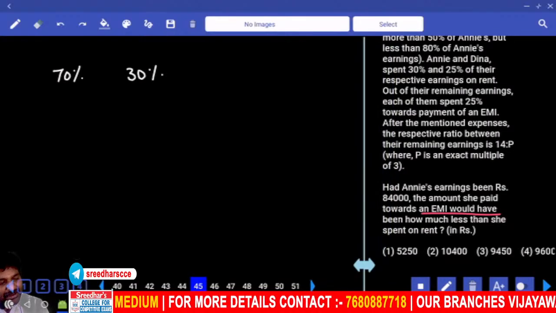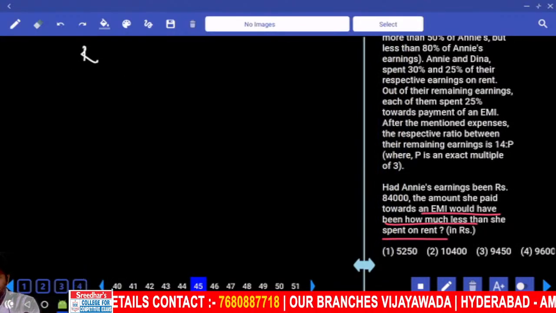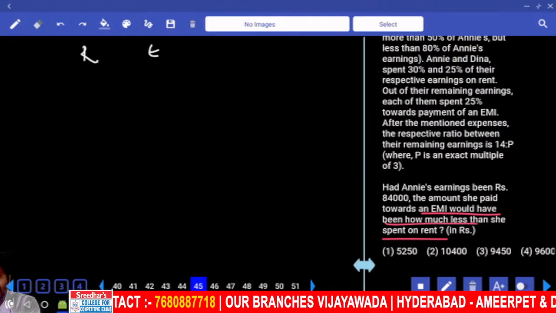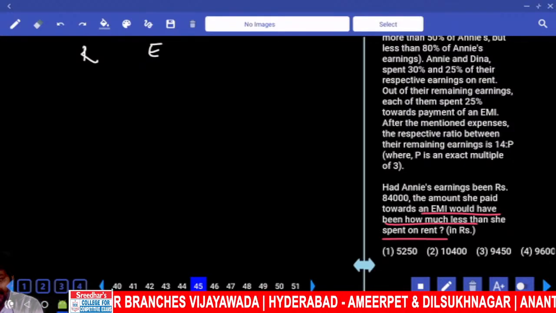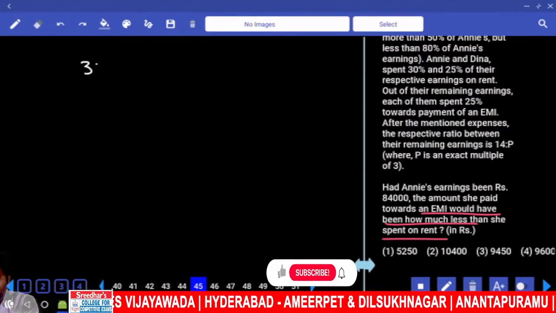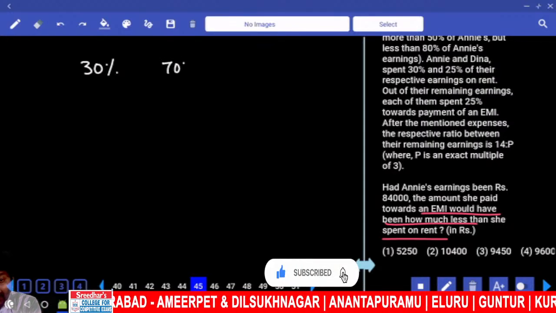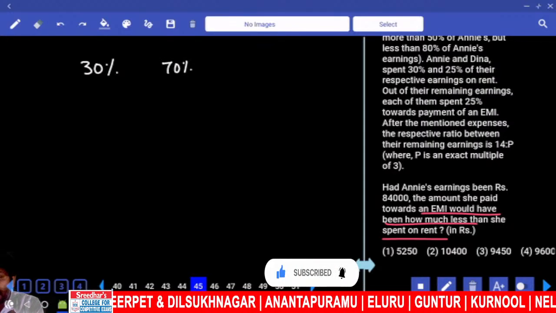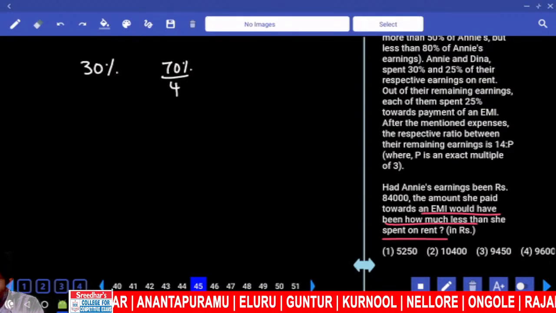EMI would have been less than rent. Which is more? Rent more or EMI more? When EMI is less, obviously rent is more. So how much is rent? 30%. What is remaining? Out of remaining, how much was spent towards EMI? 25% in the sense 1/4 only.